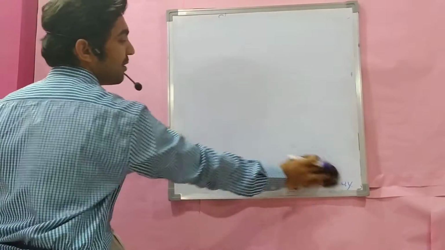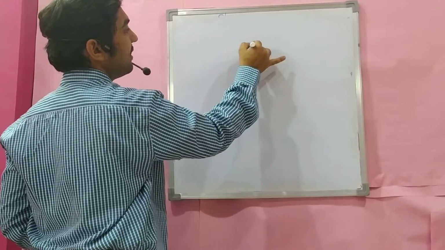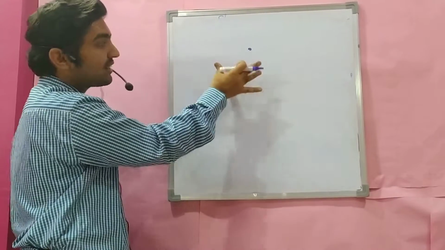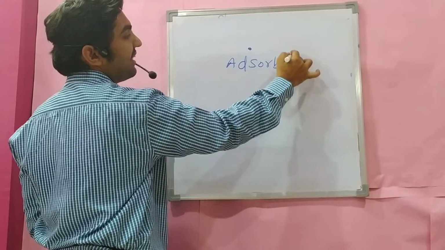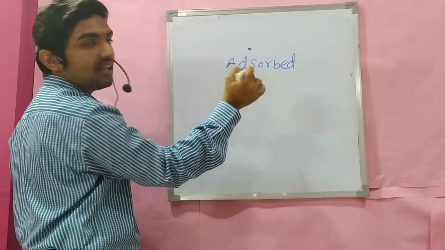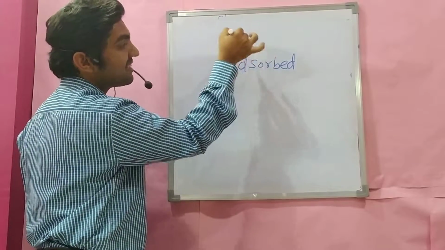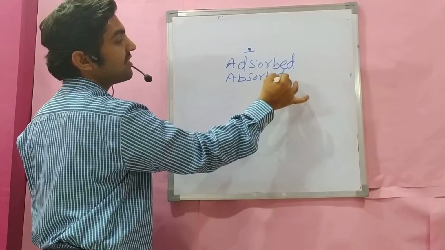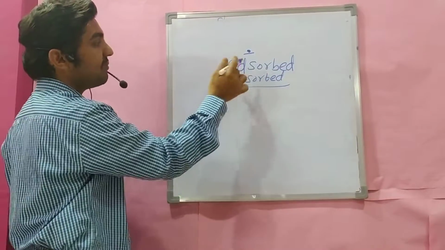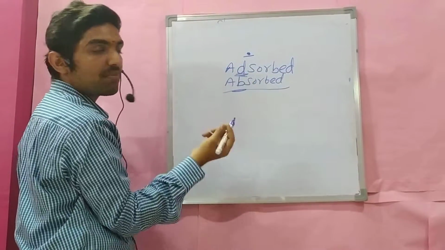adsorbed water. Adsorbed water means we can see that like this dot is adsorbed on the board. Adsorbed, A-D-S-O-R-B-E-D. Adsorbed means attached. All the letters I am writing on the board are attached on the board. Absorbed means that is different. Sponge absorbs water. That is the main difference between adsorbed and absorbed.